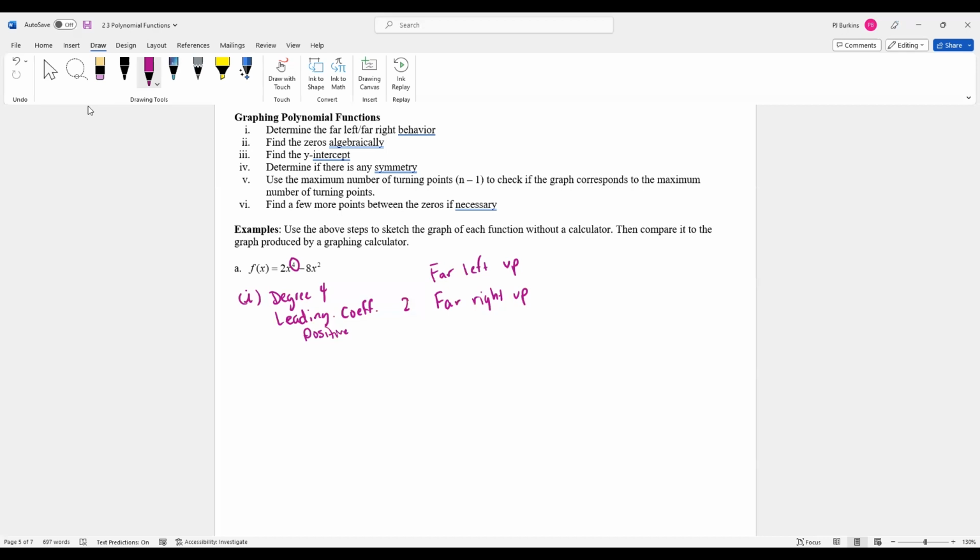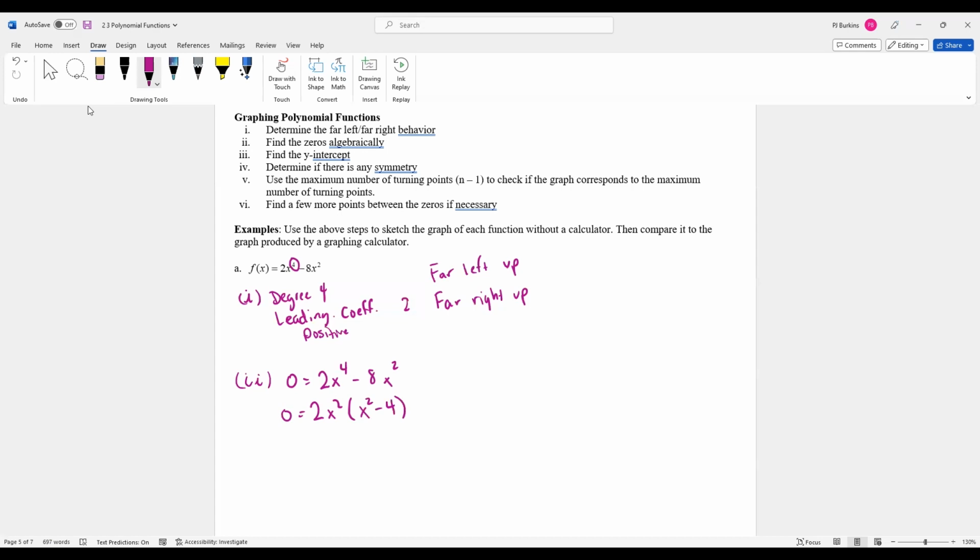Okay. Second part says, let's go ahead and find the zeros. So remember from the previous examples, we just set this equal to 0 and solve for x. You might notice that these two terms here have a 2x squared in common. So I will go ahead and factor that out. That'll leave me with x squared minus 4.